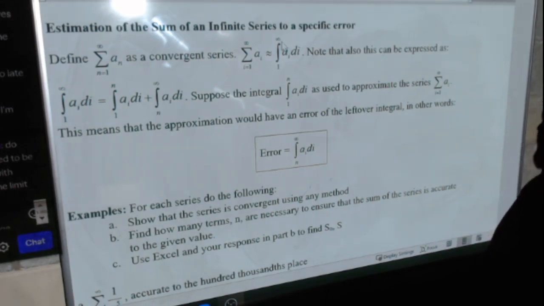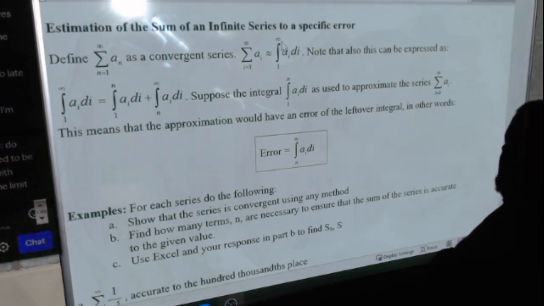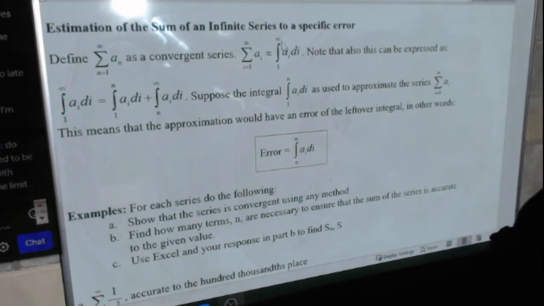So far that could be geometric, telescoping, integral, or p-series. And then it says find out how many terms n are necessary to ensure that the sum of the series is accurate to the value given. And finally, use Excel and your response in part B to find the sum.